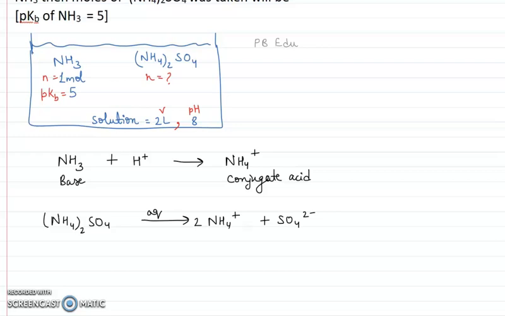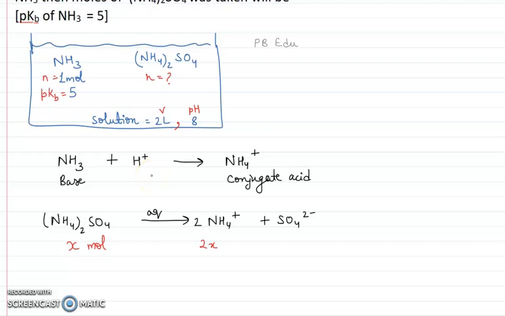So we have to calculate the number of moles of ammonium sulfate. We can take it as X moles. You can see that if 1 mole breaks, 2 moles of ammonium ion are formed. So if X moles break, then 2X moles of ammonium ion are formed.